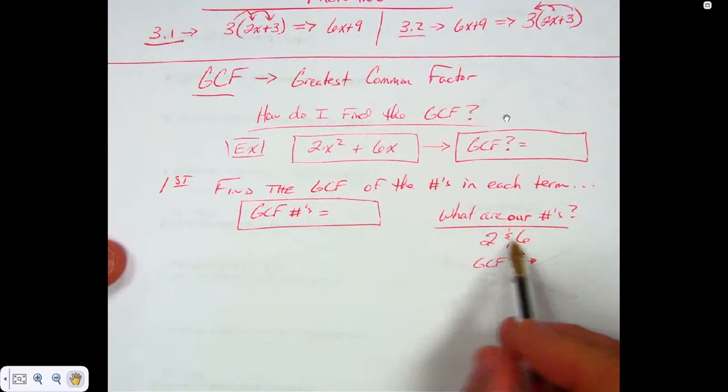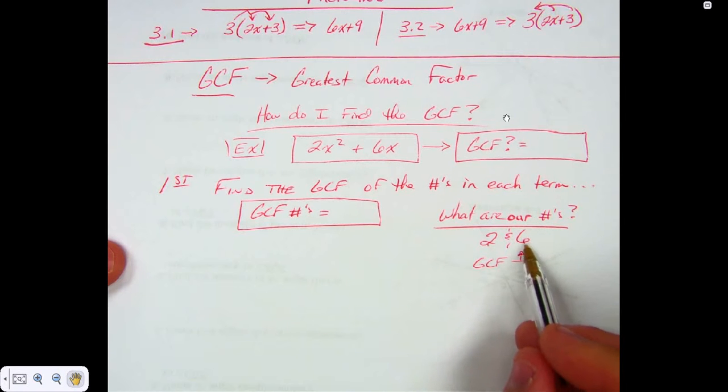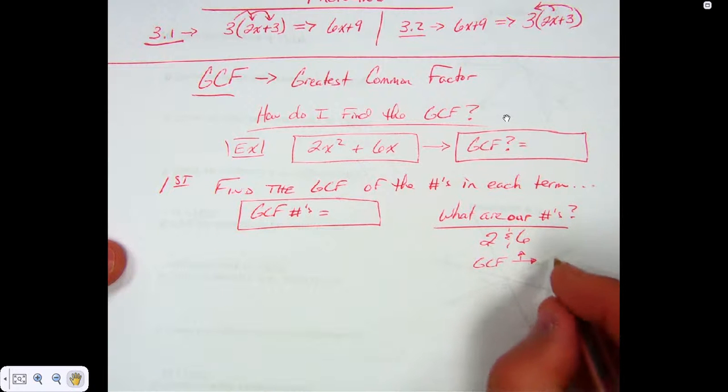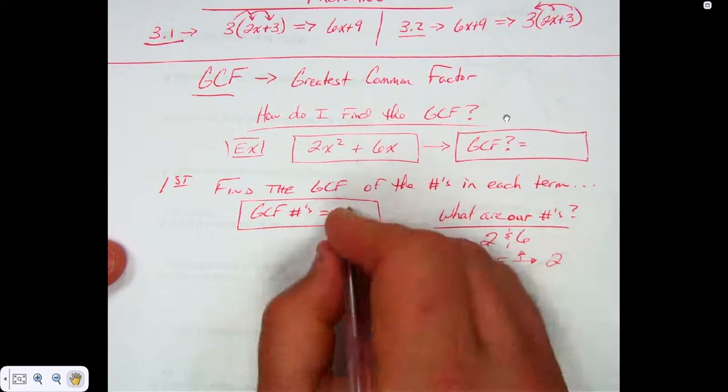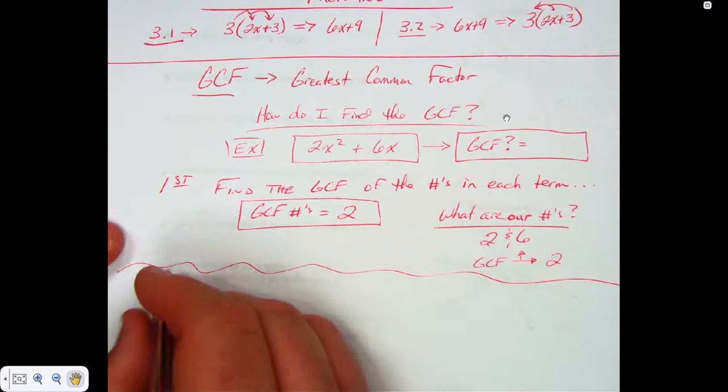The numbers that will divide into 2 evenly are 1 and 2, correct? Numbers that will divide into 6 are 1, 2, 3, and 6. What do they have in common? Largest one they have in common? 2. So the GCF of our numbers is 2. So we've done that step.